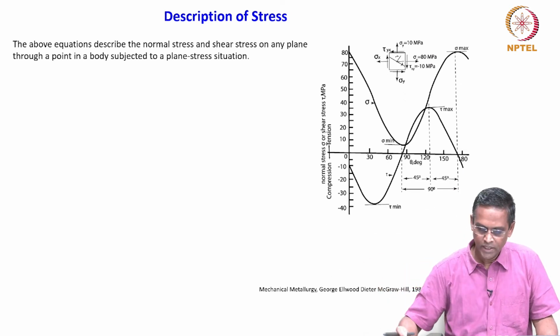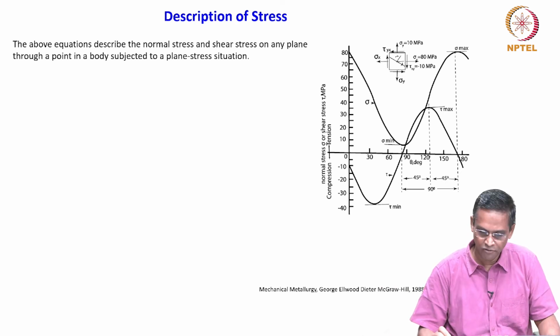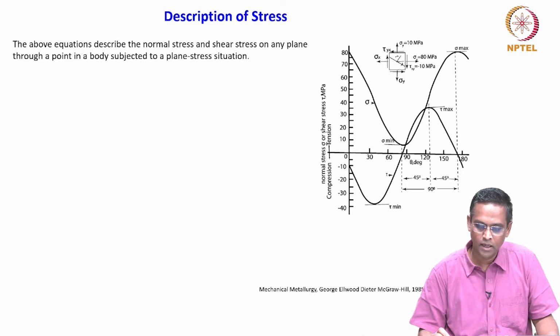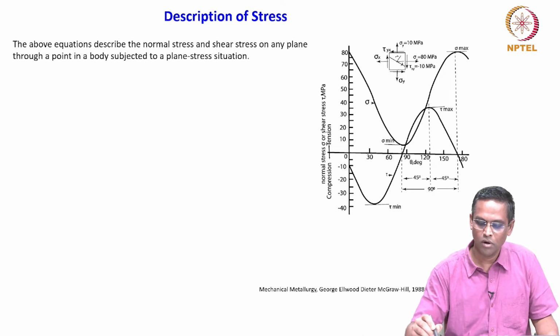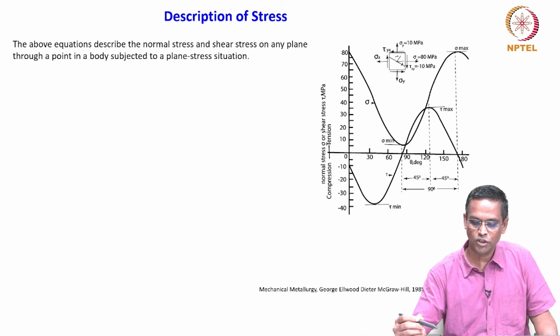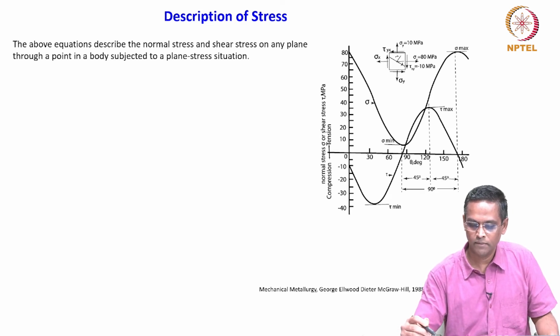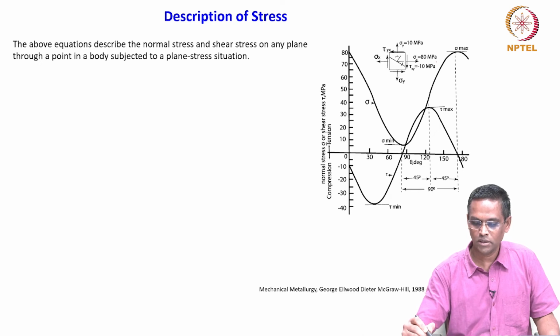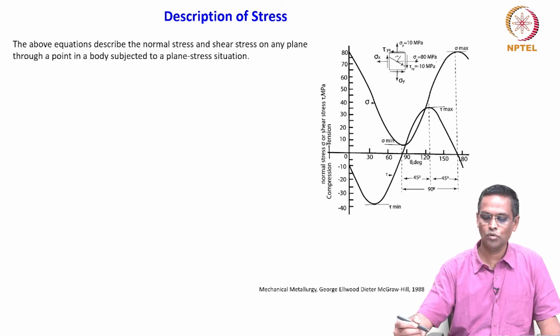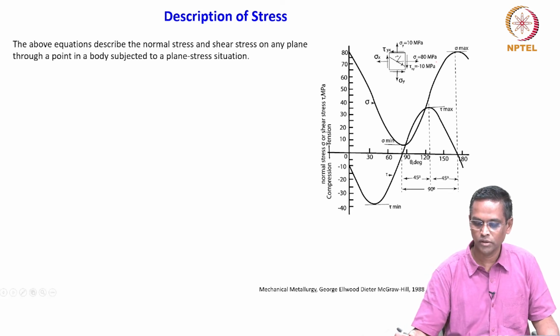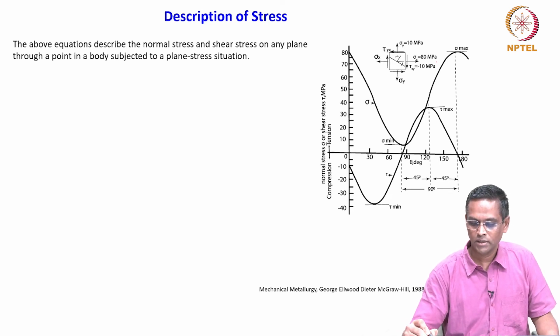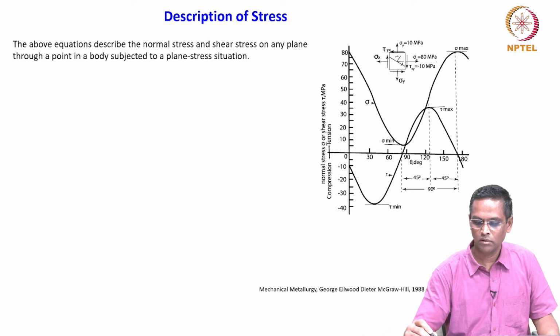It is interesting to note this graph. For example, if you look at this similar geometry that I have drawn and assume a biaxial situation, sigma x and sigma y have some specific values. In order to appreciate what this graph is showing, sigma x is equal to 80 MPa, sigma y is equal to 10 MPa, and the shear stress is minus 10 MPa.